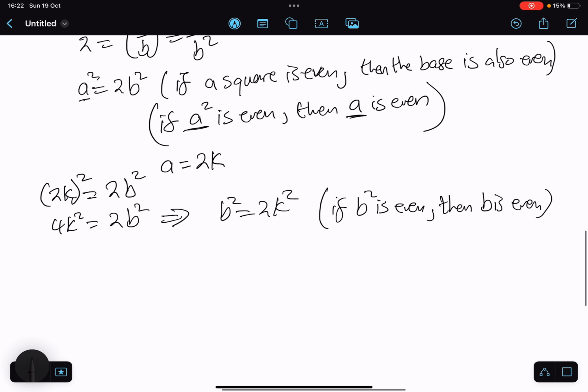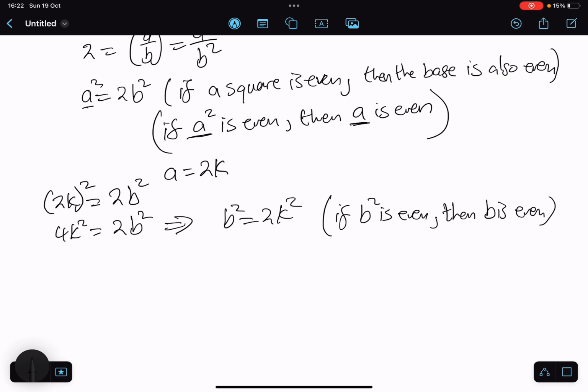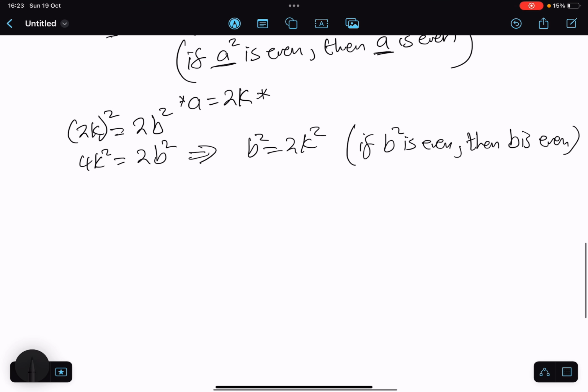So what does this mean? Now automatically we can see that from this point we have also represented b in this format. So now we can see that a and b are both even, right?